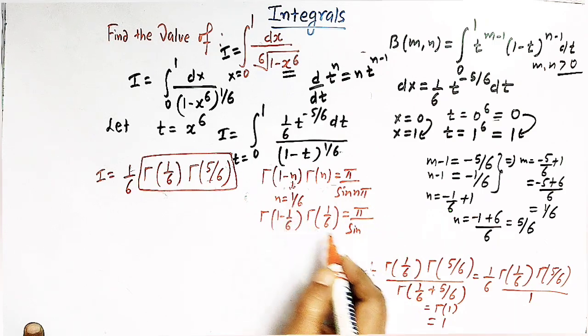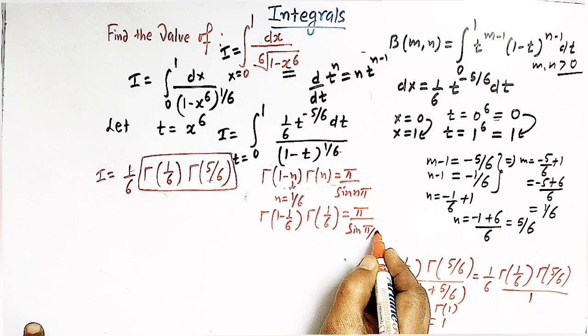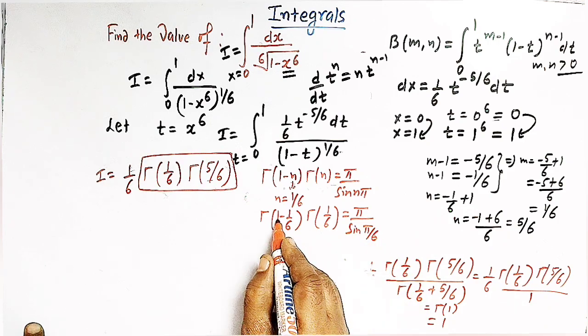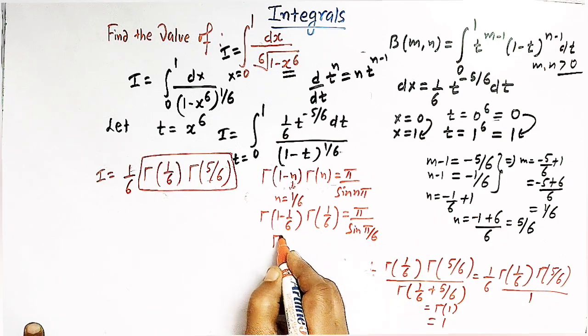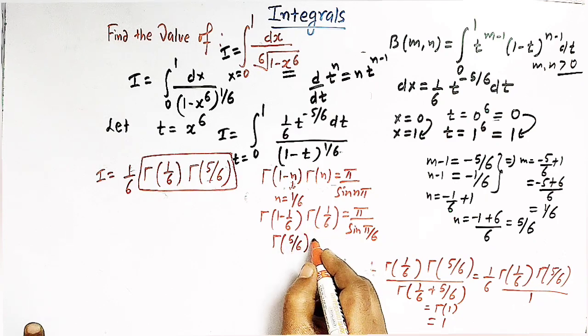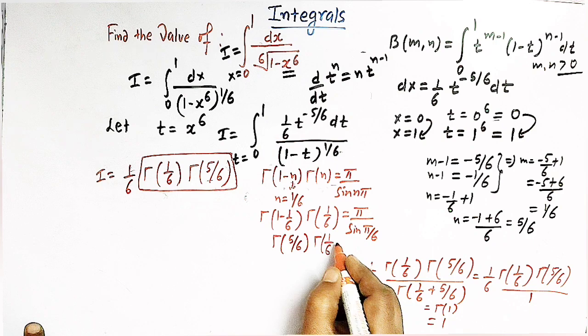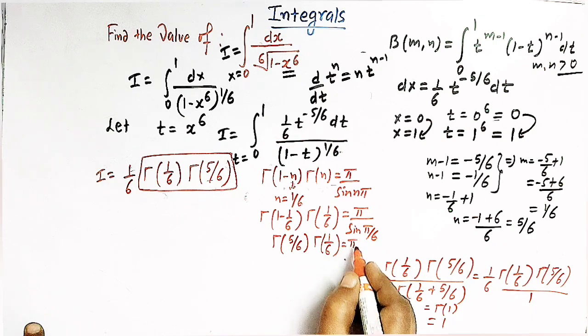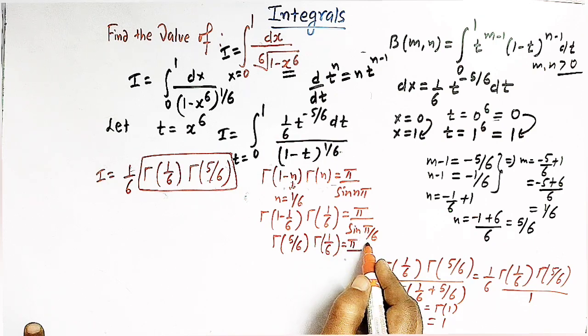So n is 1 over 6, so we have pi over 6. So now this is 1 minus 1 over 6, so this is gamma(5 over 6), and here we have gamma(1 over 6), and this is pi divided by sine pi by 6.